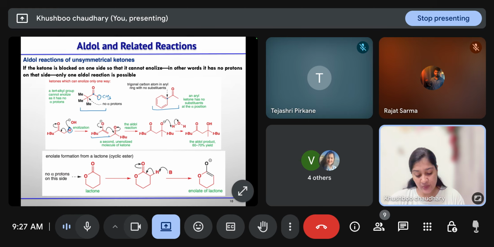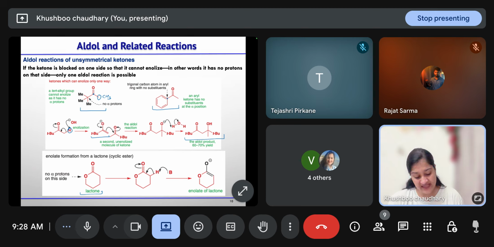Then when it reacts with the same species in self condensation, you will get this beta hydroxy ketone. Similarly, we can use this lactone where on one side oxygen is present and there are no alpha protons.